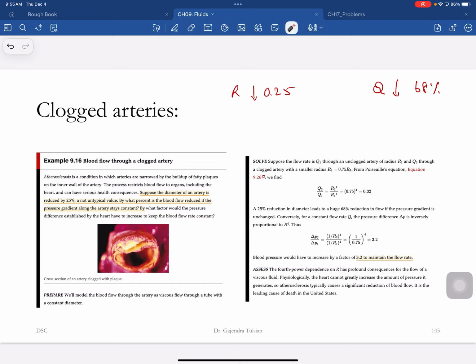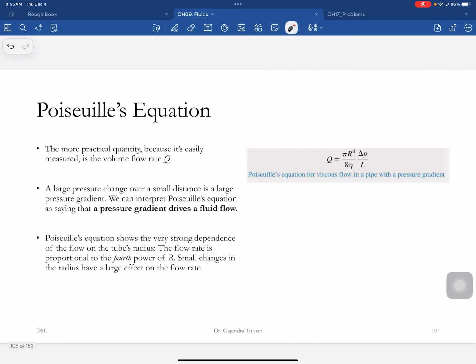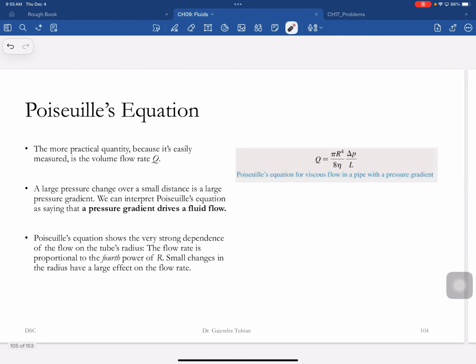It's pretty amazing. Your body does well. All right, but you guys, this is an important formula. It's dependent on the radius to the power 4.